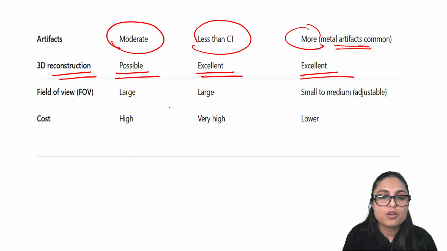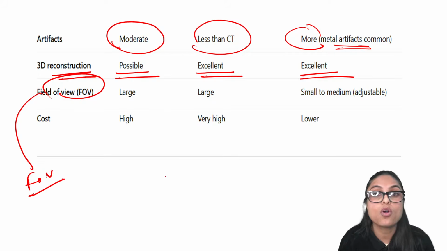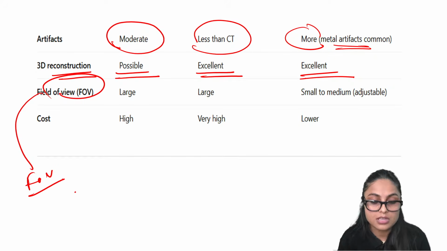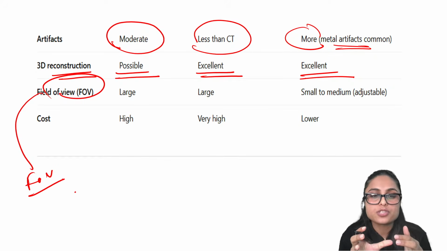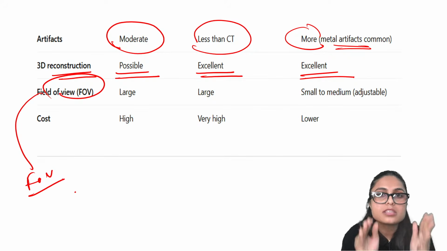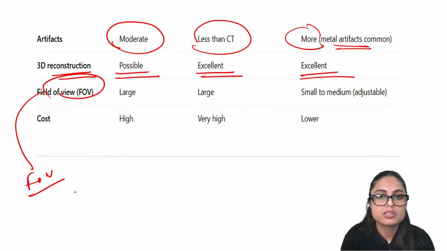FOV, we had talked about FOV, which is field of view, that is the region of interest. In CT scan you don't have the option, you just have to select the entire skull, so the FOV in CT scan is large.